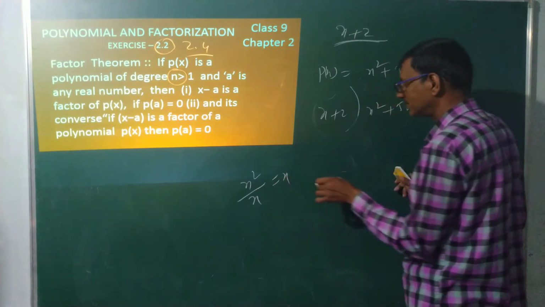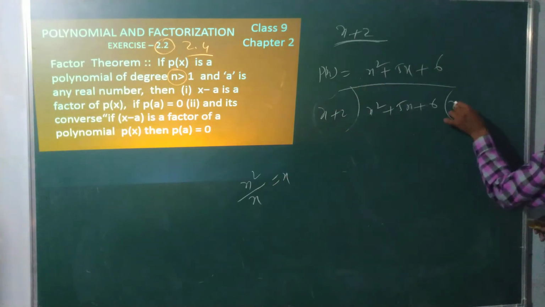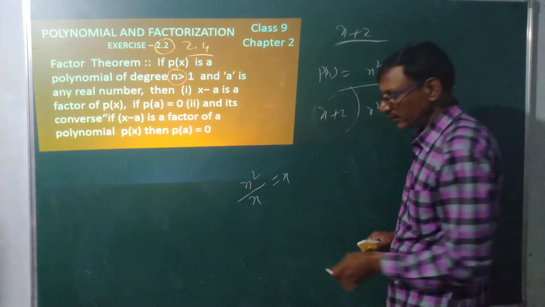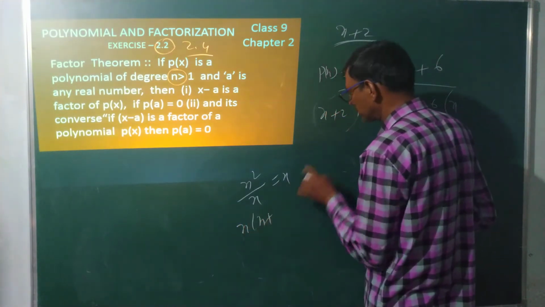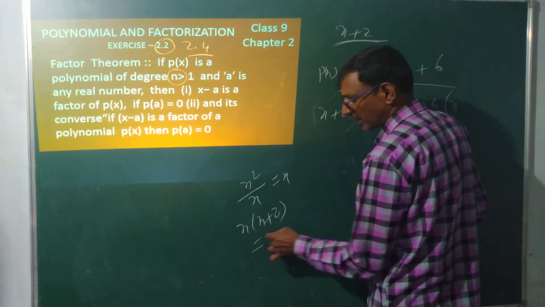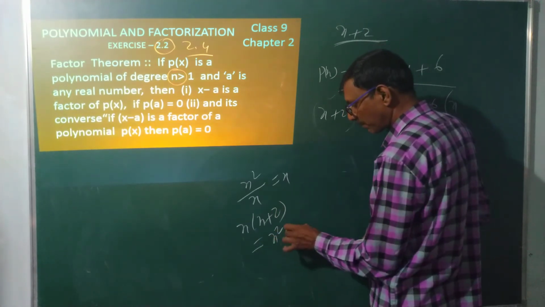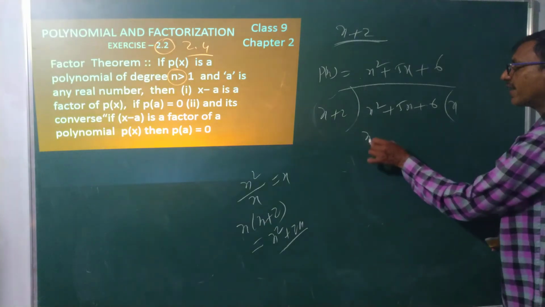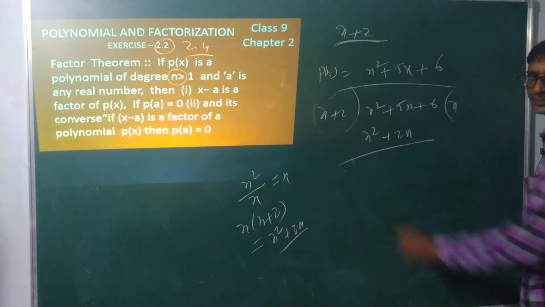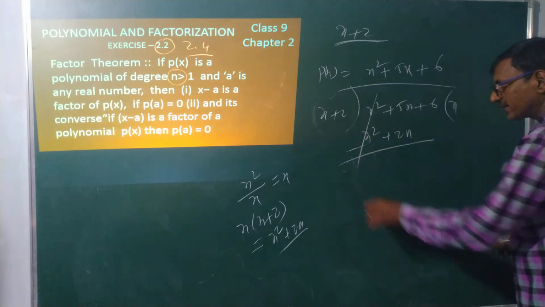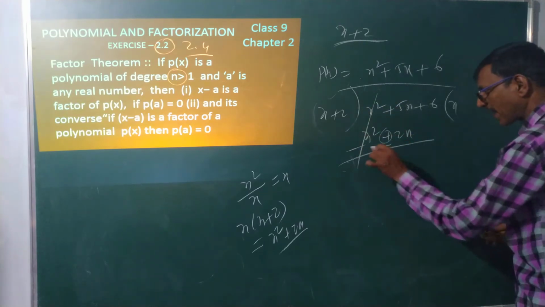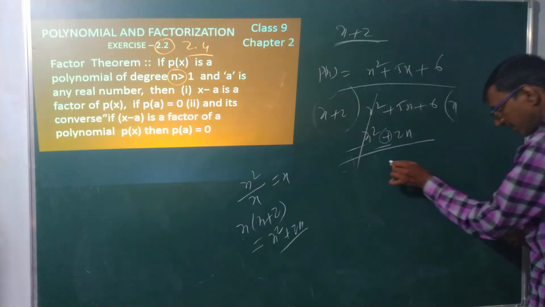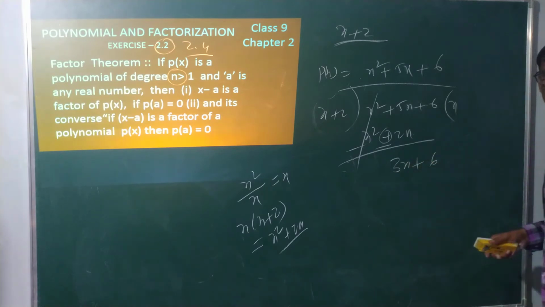We get x as the quotient. This coefficient should be multiplied with the divisor x plus 2. We get x square plus 2x. By subtracting, these two get cancelled. By subtraction, this is minus. We get 3x plus 6.